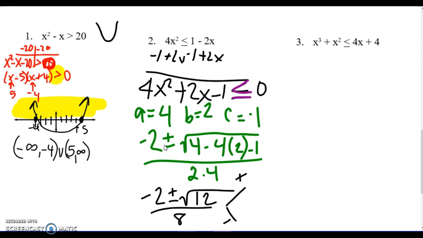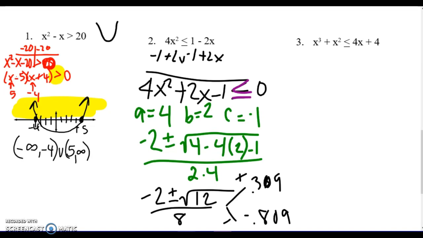So when I add them together, negative 2 plus the square root of 12, enter, divided by 8, I get 309 thousandths. That's a 0. And then when I subtract them, I get negative 809 thousandths. There we go.